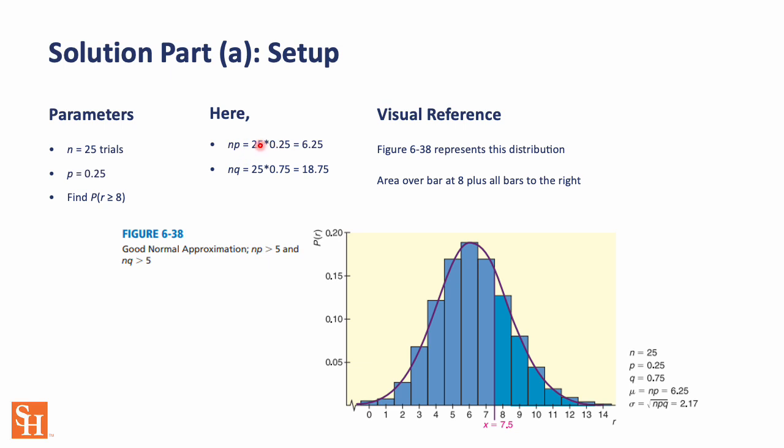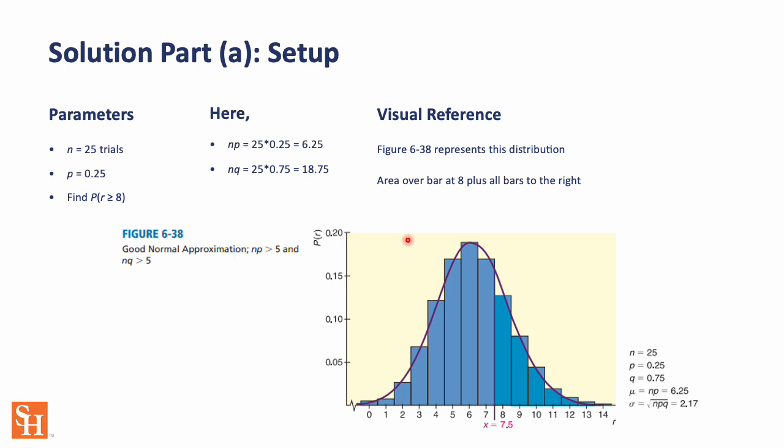Here N is 25, P is 0.25, so NP is 6.25, which is greater than 5, right? And since P is 0.25, Q is 0.75, and therefore NQ is 18.75. So both are greater than 5, and we can solve this problem by using normal approximation, right?